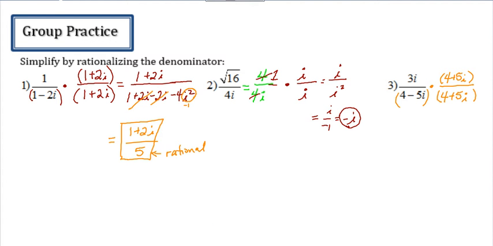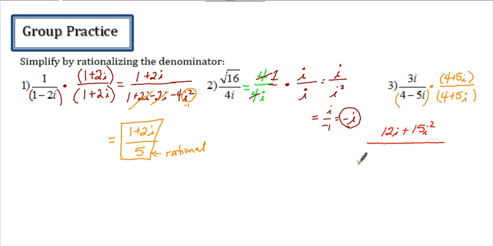Now let's multiply. Let's do the top first. Distribute 3i into our conjugate here. 3i times 4 is 12i, plus 3i times 5i, which is 15i squared. Careful on that. And yes, we will be addressing that i squared in a moment.